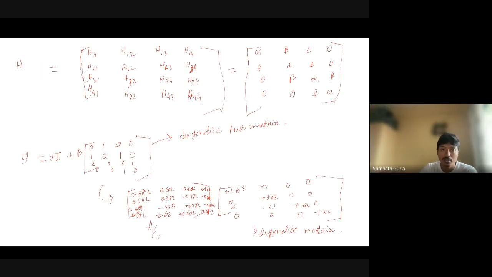So this is psi1 that will give you the coefficients. The first coefficient is 0.372 of, sorry, chi1.